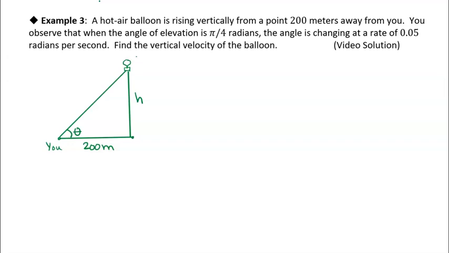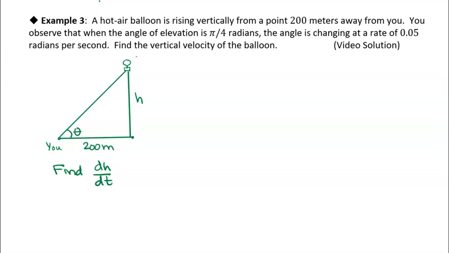All right. And what do we want to find? We want to find dh/dt. We want to find how fast the balloon is rising. How fast is that height changing?